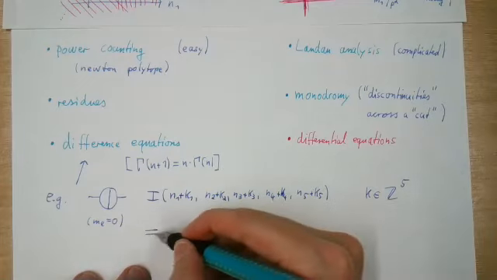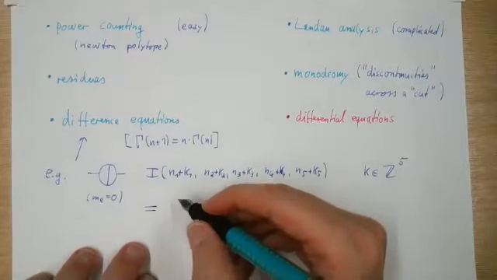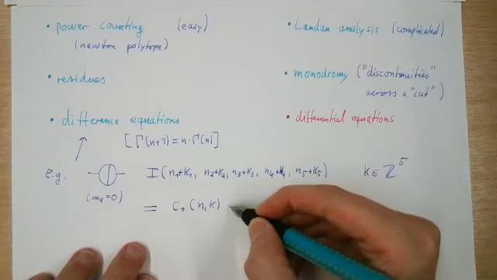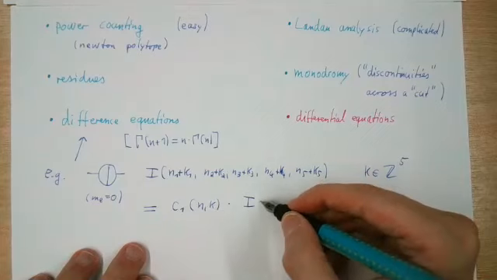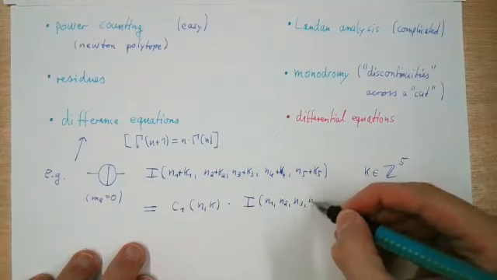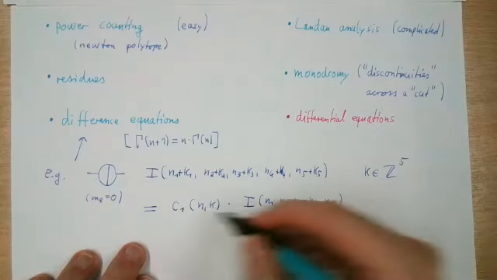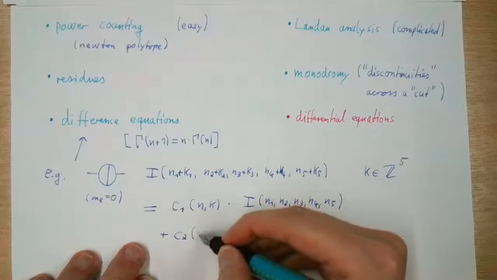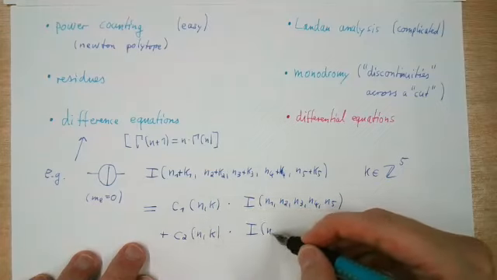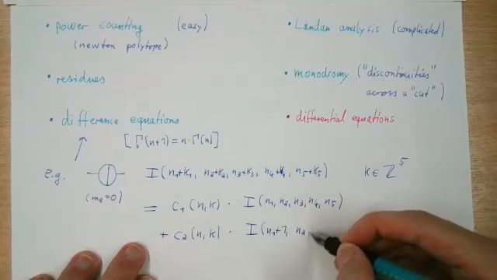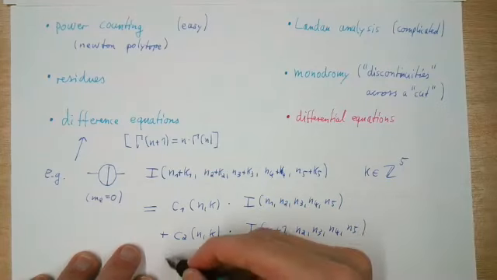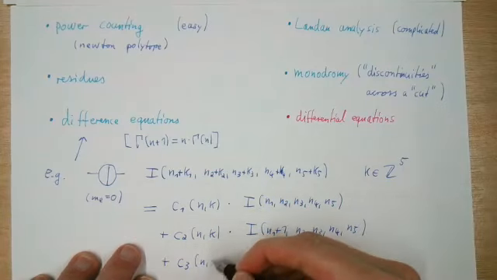you can always write this as a linear combination: some coefficient that depends on n and k times the unshifted integral, and then another coefficient that also depends on n and k times the integral where, say, you shift the first one, times a third term where you shift another one.